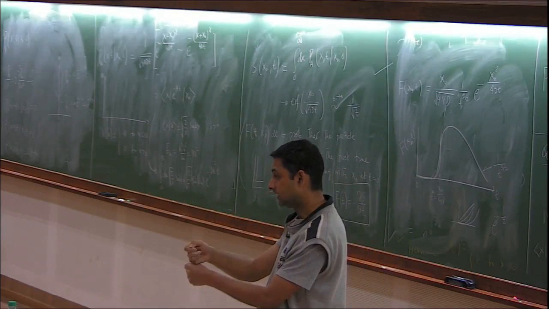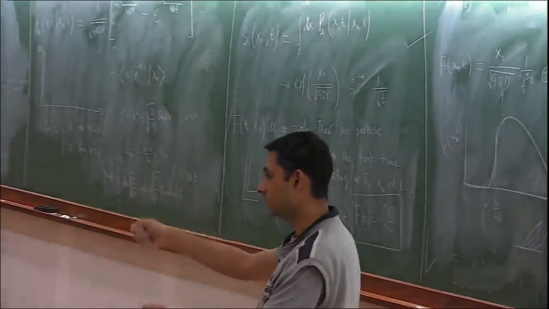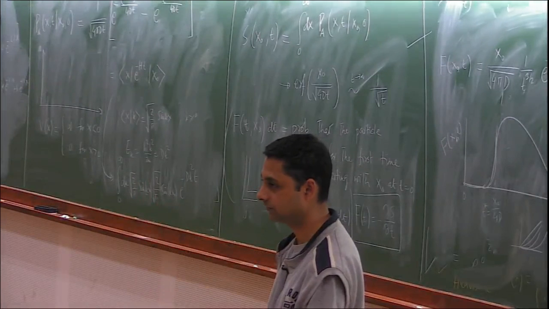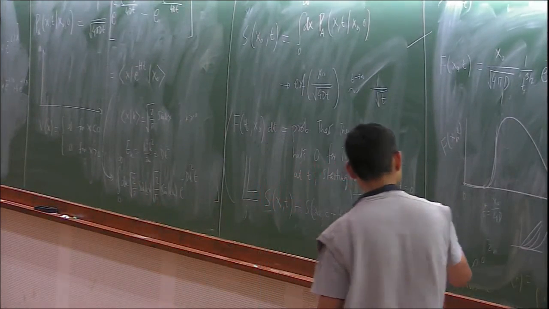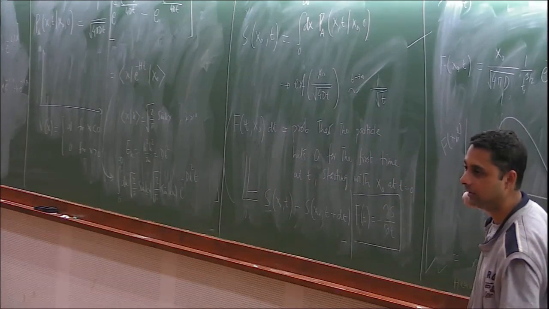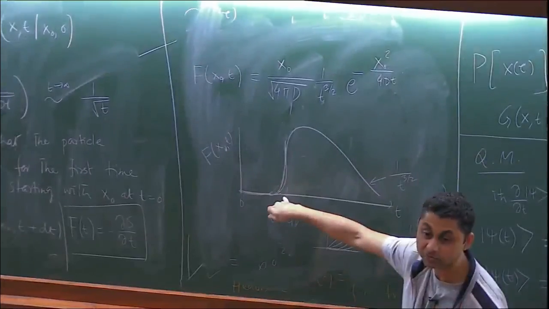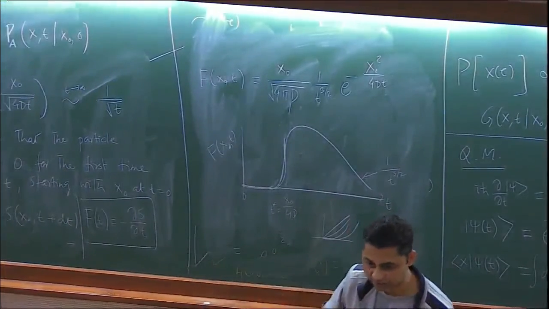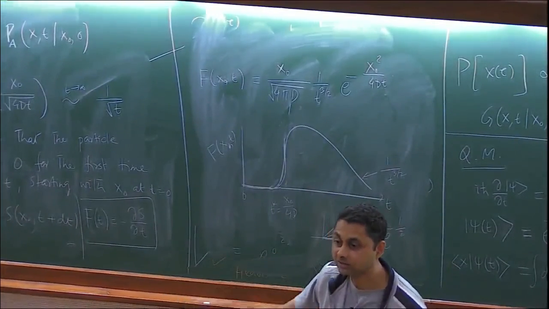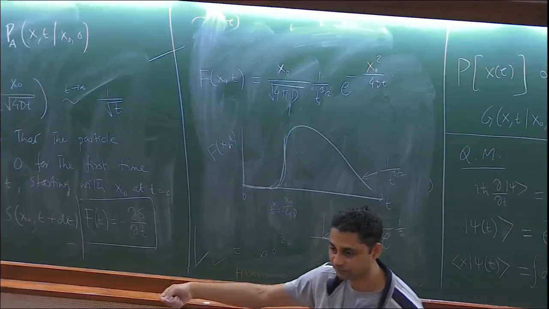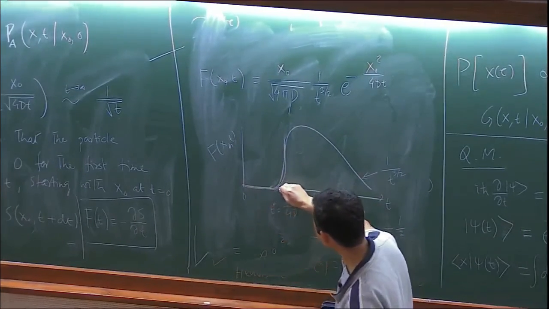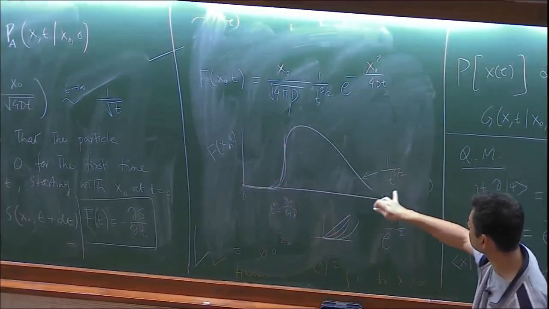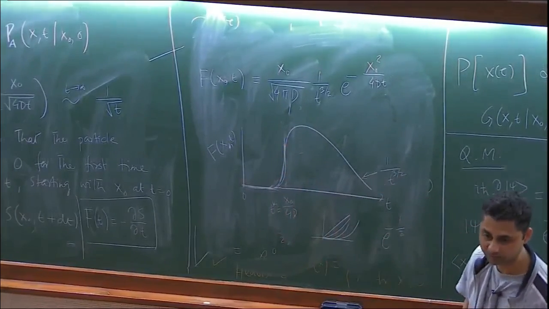So the fastest is that the walker keeps going all the way towards the origin. So it will need at least that many steps, right? So in the discrete case, this will be strictly 0 all the way there, because if I start from here and have to reach there, I cannot reach it in fewer steps than that. And then you will have this function, which at the tail will still go like that, but details will be slightly different.